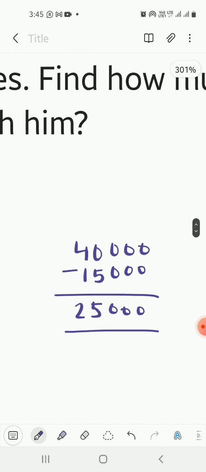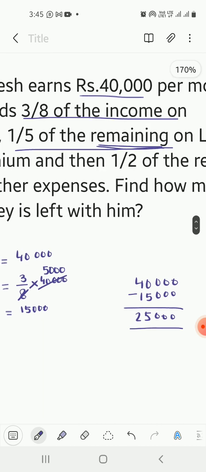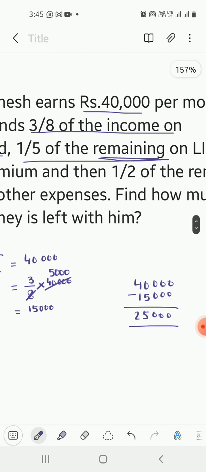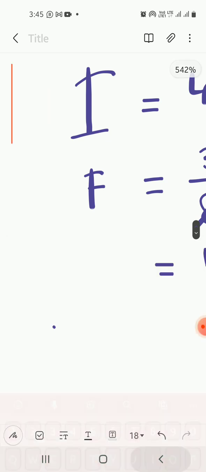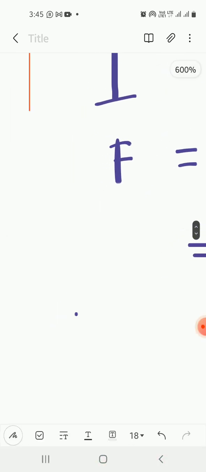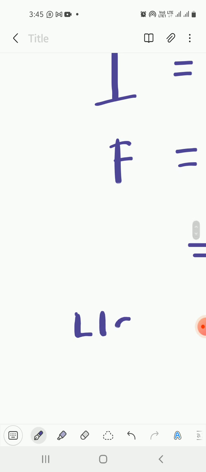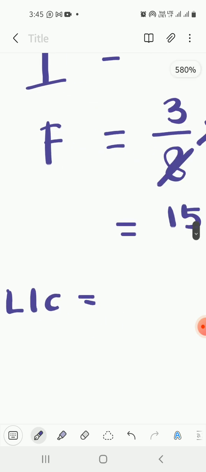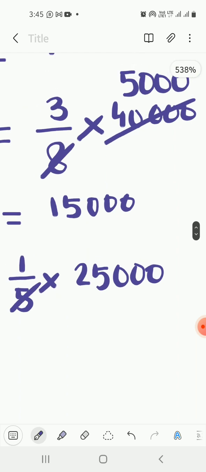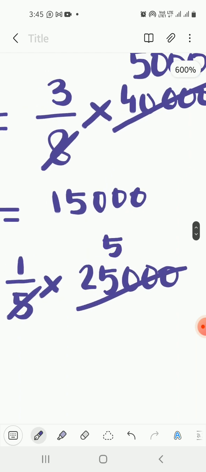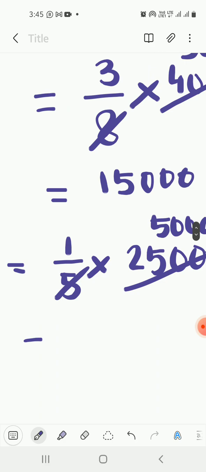So I have 25,000, out of which 1 by 5th he has paid on the LIC premium. So LIC premium is 1 by 5 of the remaining 25,000. It's no more 40,000 because I've already spent 15,000. Now this becomes 5,000. So LIC premium I've paid 5,000.